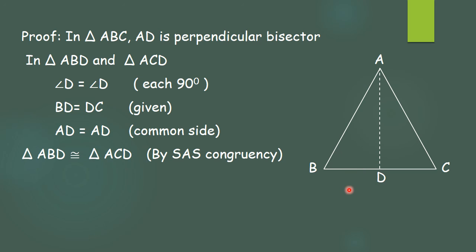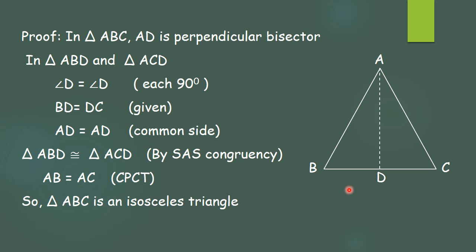So the triangles are congruent by SAS congruency. As a result, AB is equal to AC, that is by CPCT. Therefore, we can say that triangle ABC is an isosceles triangle, and hence we have proved this result.